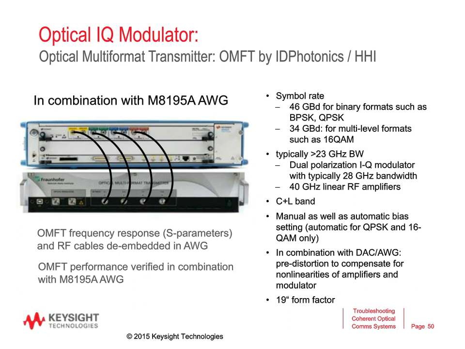And we are able to provide S parameters for the compensation of the modulator behavior, as well as RF cable compensation. The modulator itself is good for up to 46 gigabaud for binary and 34 gigabaud for multi-level signals such as 16 QAM.